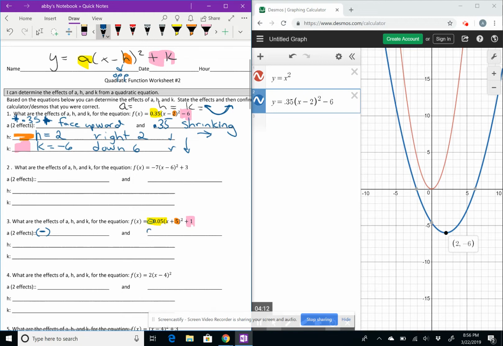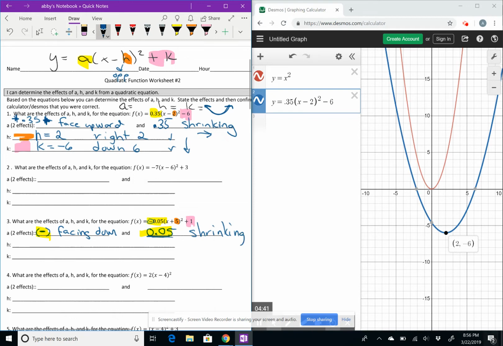And then the second effect has to deal with the 0.05. Now together, that's why it's negative 0.05. But the negative tells us that it's going to be facing downward. The 0.05 means it's going to be wider, which is shrinking.